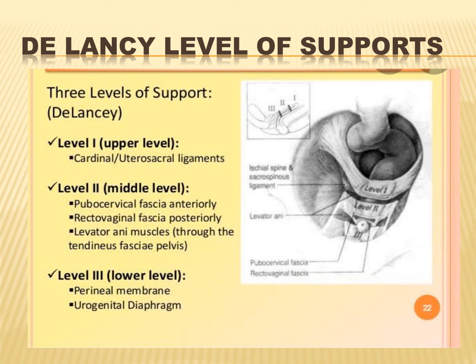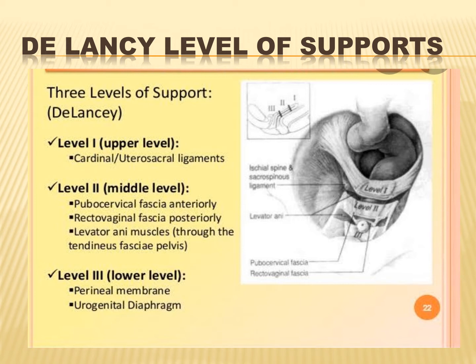Let us also talk about the Delancey levels of support for a minute. How this is relevant here, I will discuss later. When we are talking about the pelvic organ prolapse quantification system, why are we talking about the Delancey levels of support? You will come to know later. We all know there are three levels of support according to Delancey. Level 1 is cardinal and uterosacral ligament support.